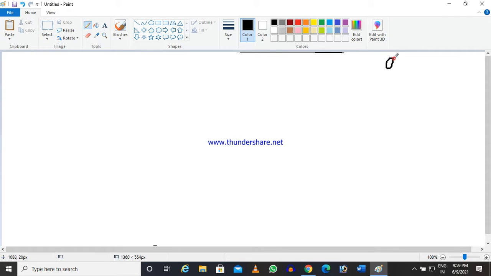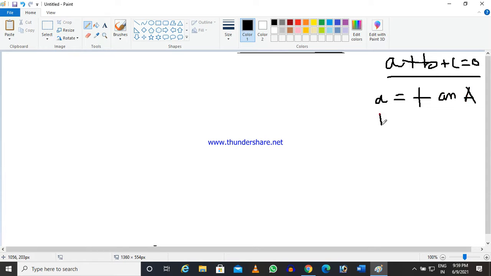So first condition given, a plus b plus c is equal to 0. So now I am assuming a is equal to tan a, b is equal to tan b, and c is equal to tan c.